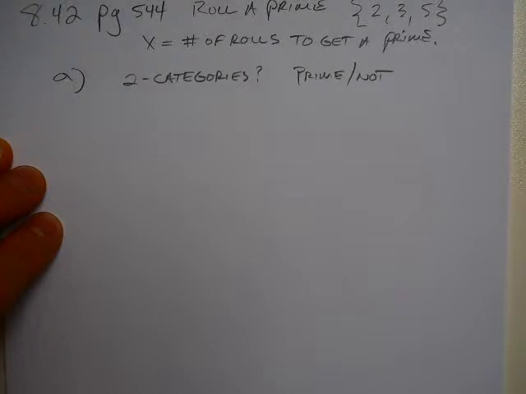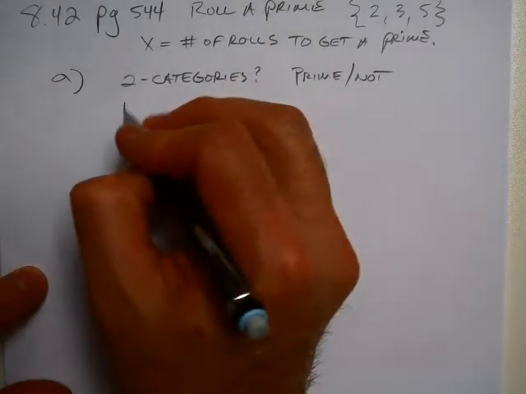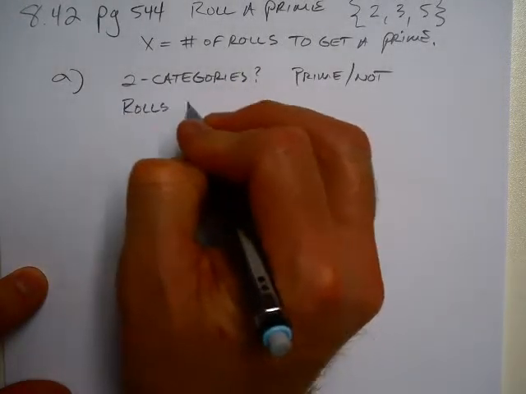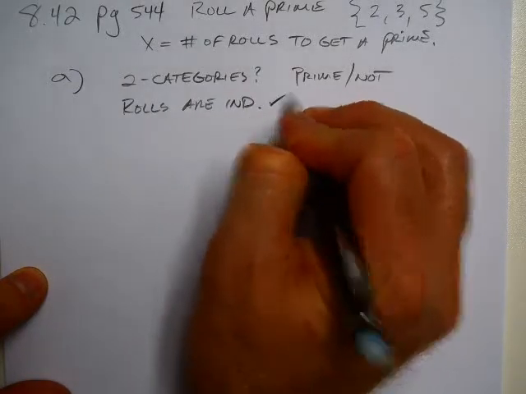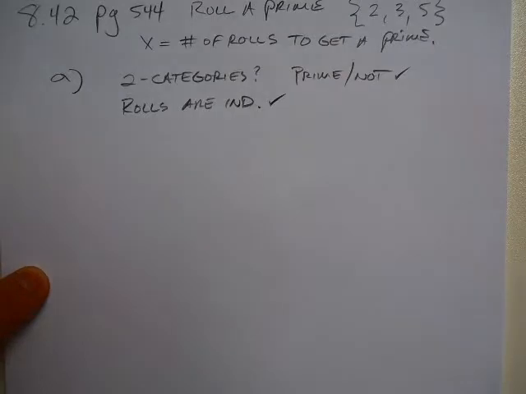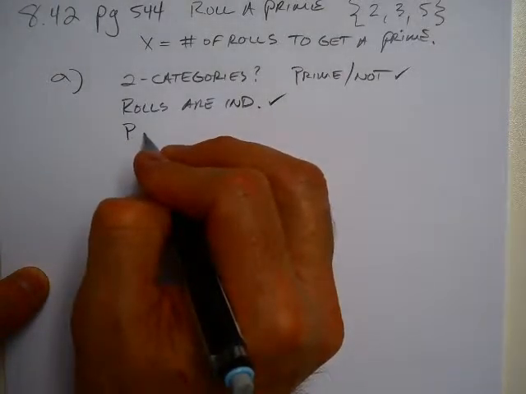Would each roll be independent? Does the die think to itself, oh, last time I rolled a 6, I'm going to roll another 6, that was sweet? No, they're independent. Is the probability the same for each roll?